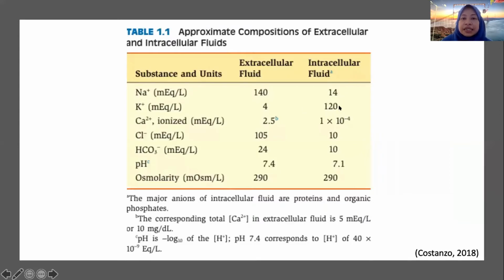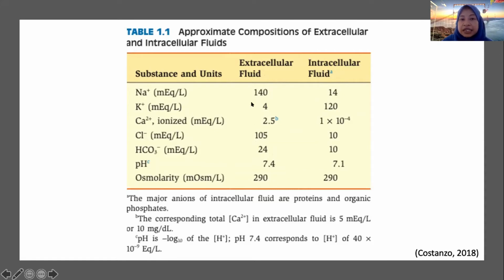This is just showing you the approximate concentration or amount of the cations and anions across these two main body compartments. As I mentioned before, in the extracellular fluid, you have more sodium, chloride and bicarbonate, whereas in the intracellular fluid, you have more potassium as well as phosphate and protein.